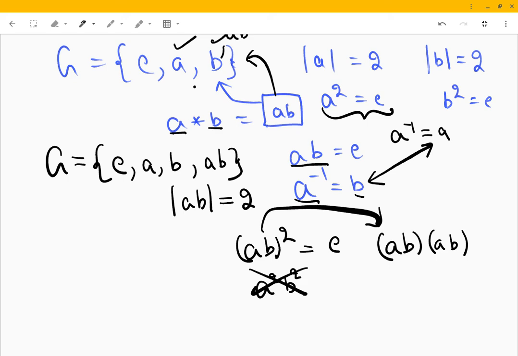And unless we are told that a group is commutative, meaning it is abelian, we cannot switch the positions of elements. Like we cannot write AB as BA.